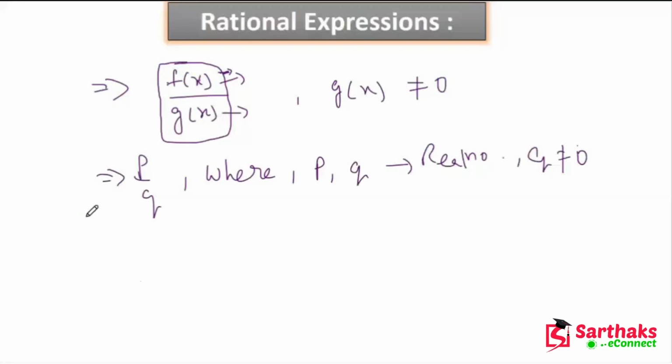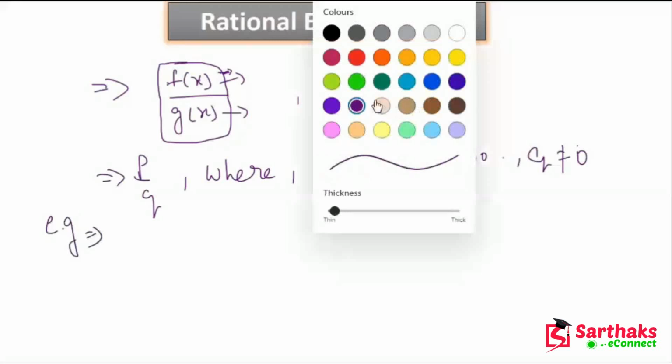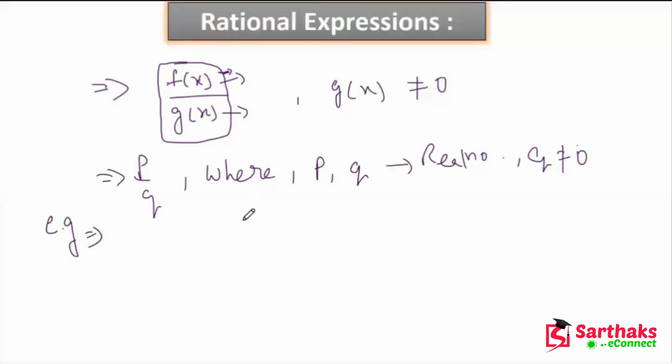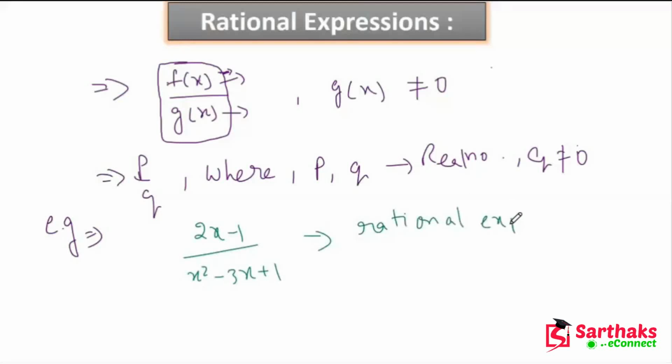Let's suppose, for example, if you have 2x minus 1 upon x square minus 3x plus 1, this is a rational expression.